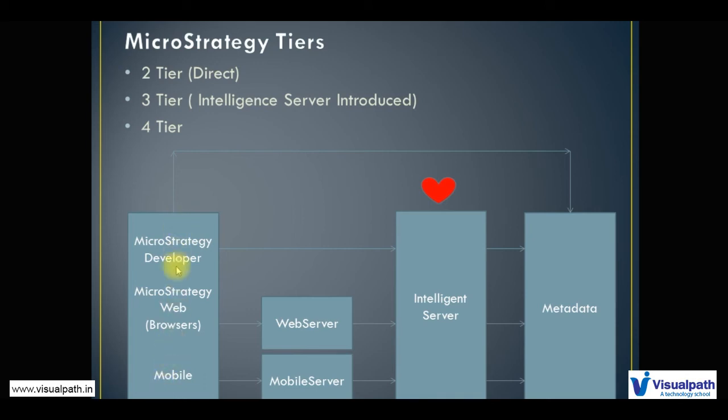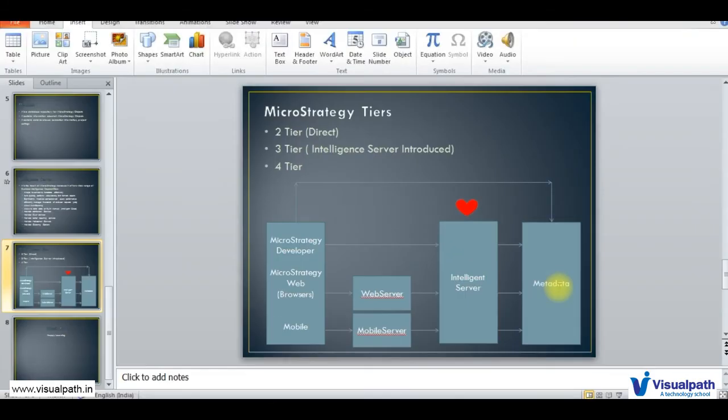This section is talking about all the client applications. Let's first talk about MicroStrategy Developer. When we talk about 2-tier, it is MicroStrategy Developer directly connecting to your metadata. That's 2-tier architecture. Let's try to see that.